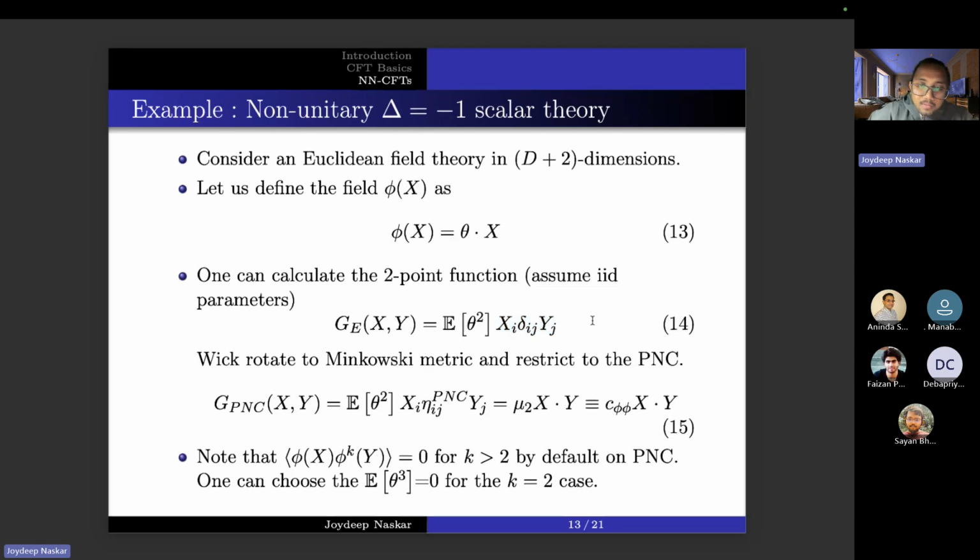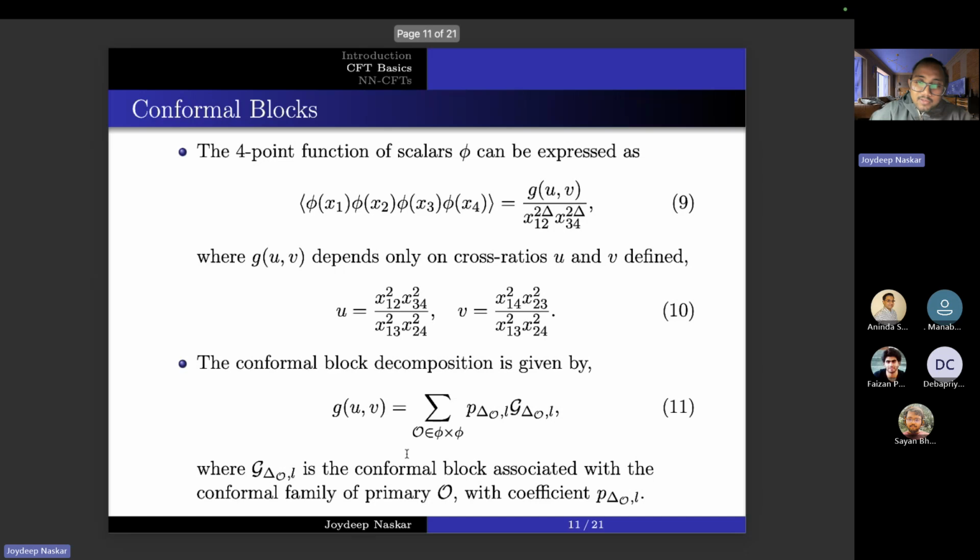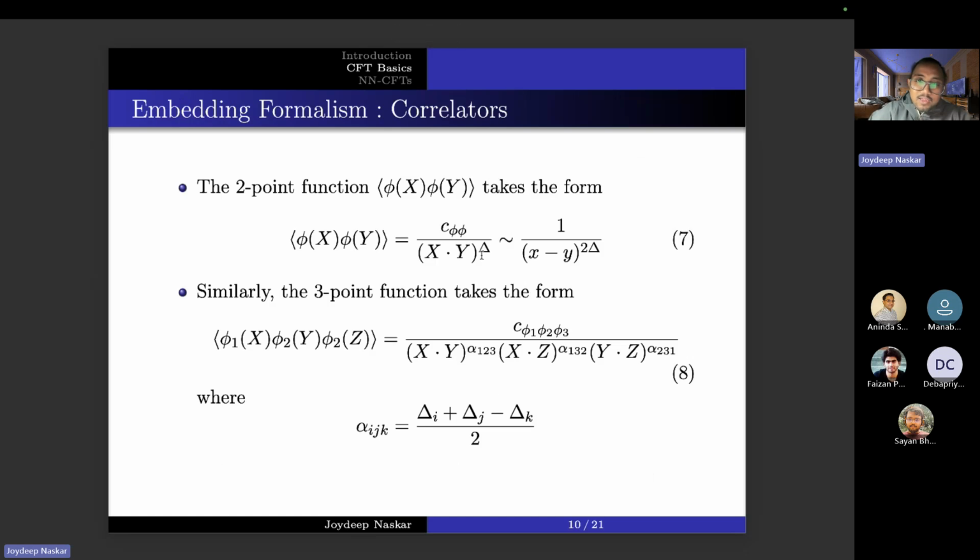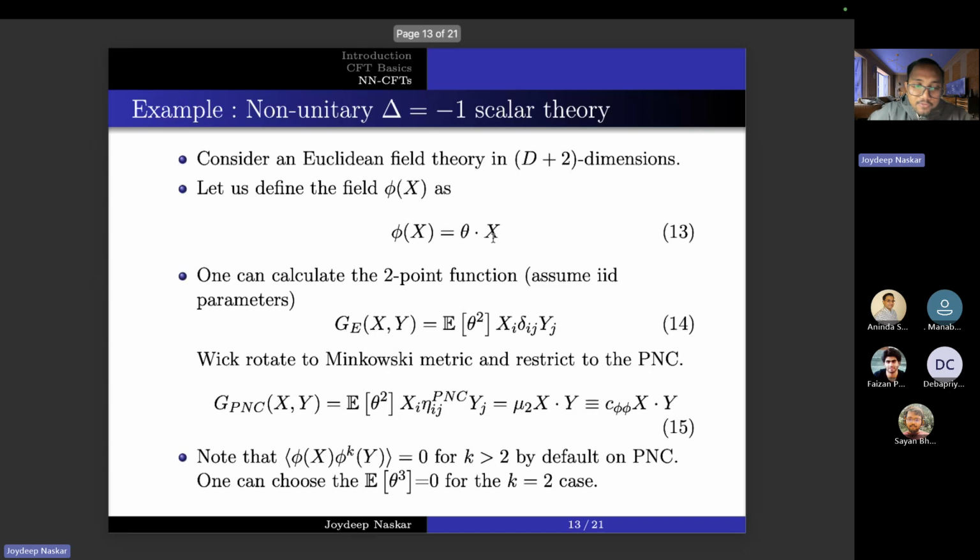And if you compute some phi of x with some other phi of k, because I told you before that these functions are constrained, if you take two different operators of two different scaling dimensions, they are 0. So how do you verify that?